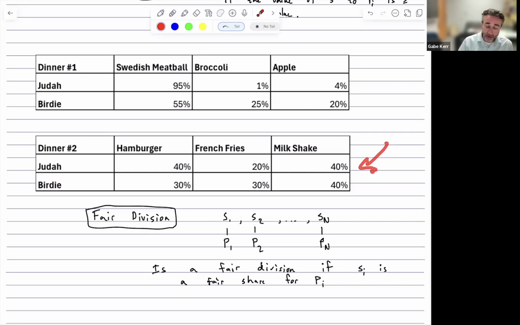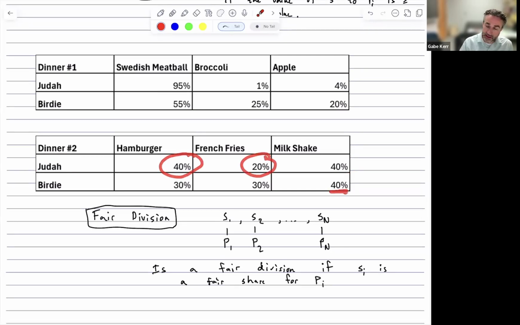And why is that? Well, in order to give a fair share for Judah, I don't have to give him one of the three things, but I have to give him two. There's no asset by itself worth more than 50% of the total assets. So I will have to give him two of these, so let's say here and here. But once I've given him two, that leaves only one left for Birdie.